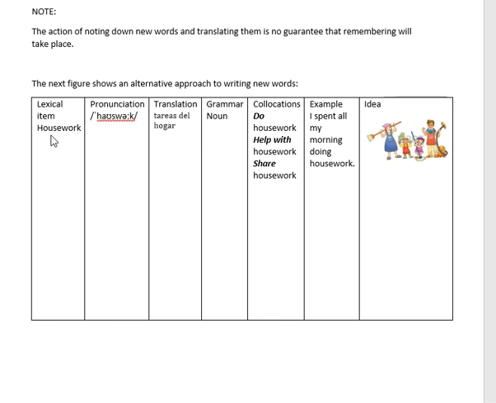So for example, I have taken the word housework here, which is a very commonly used word at elementary level. Let's say it's a new word for us and we make a note of the word here, housework. The next section should then probably have pronunciation. Now, we may not be familiar with phonetics.